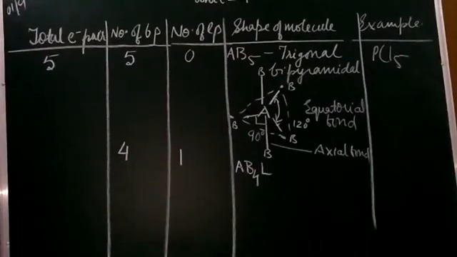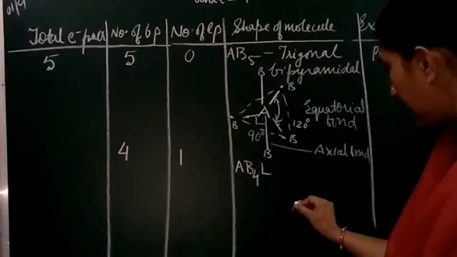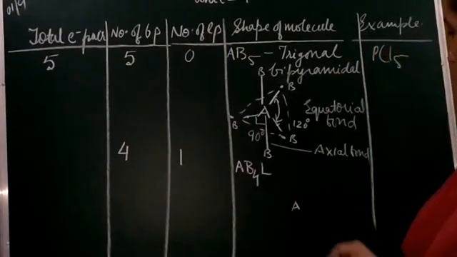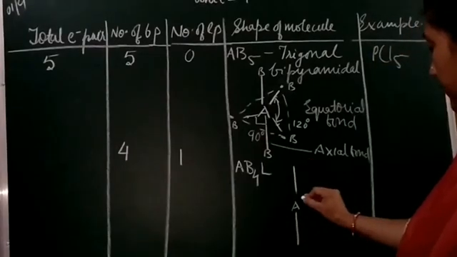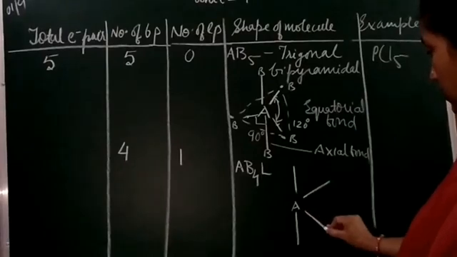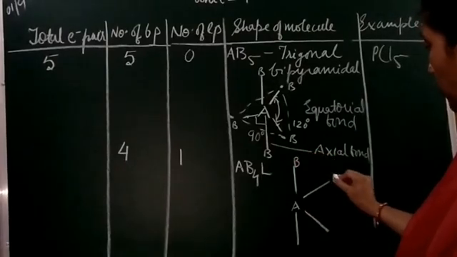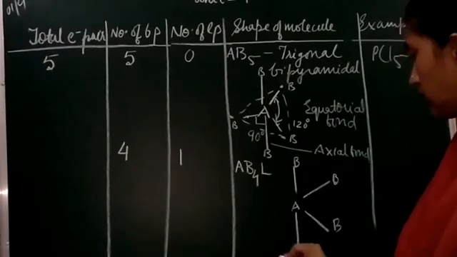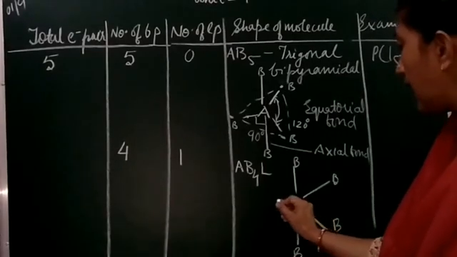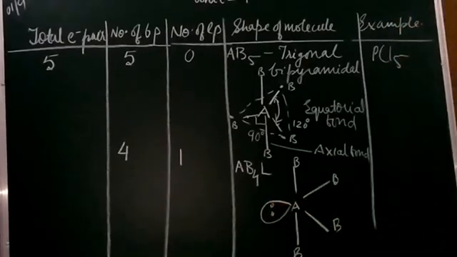So here, if we take the example, this is A, and the four bonds will be in this way, and this is the position of the lone pair.